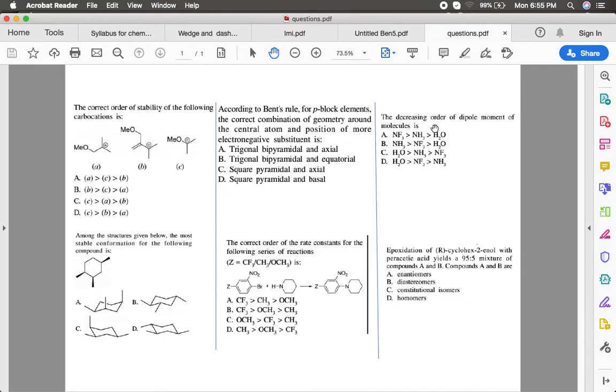This is also straightforward. We already know the dipole moment depends on bond distance as well as the electronegativity difference. But among the three, we don't have to worry about the bond distance, just have to find out the electronegativity difference. So the answer should be C. NF3 will have the least dipole moment because it will have a small bond distance as well.